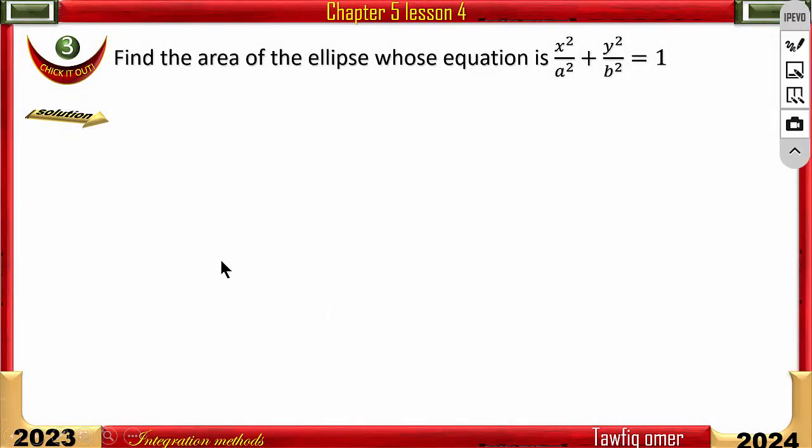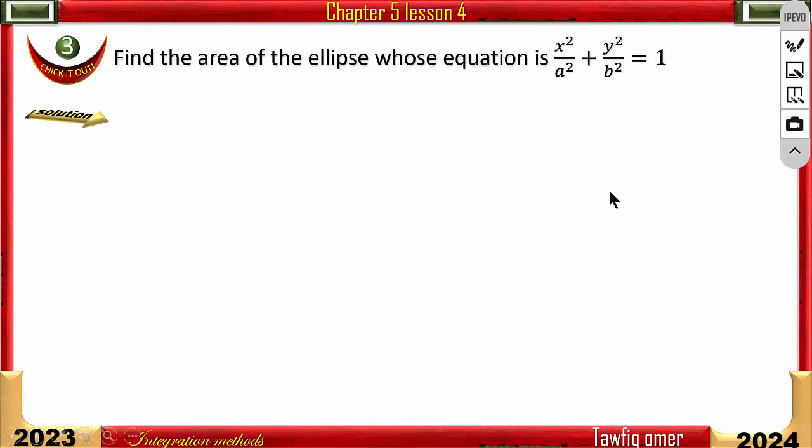Check it out, number 3. Find the area of the ellipse whose equation is x squared over a squared plus y squared over b squared is equal to 1.